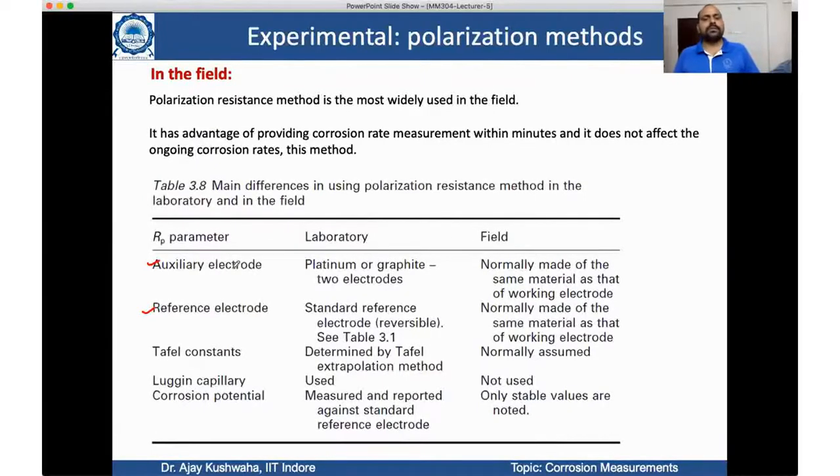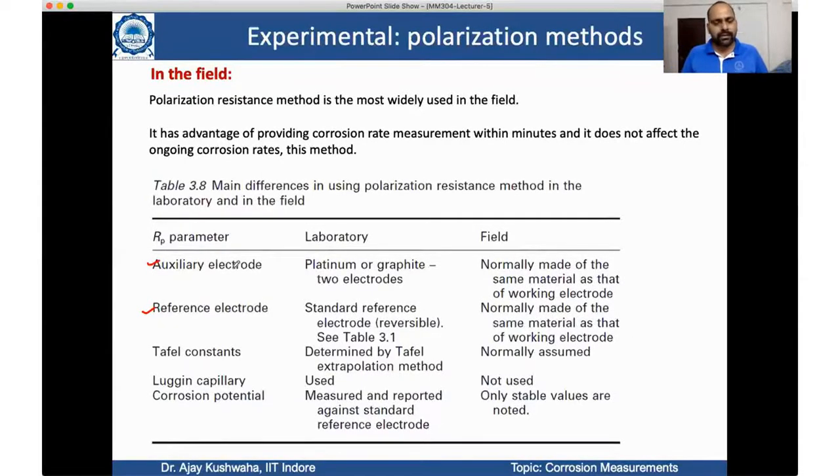In the laboratory, we have the freedom to do the Tafel extrapolation method and calculate the Tafel constant. But in Tafel measurement, we need to apply a high voltage. This is not so safe and it may induce further corrosion in the system.